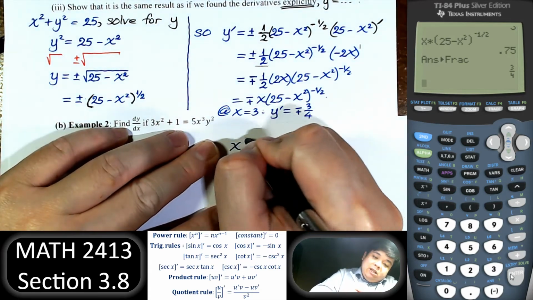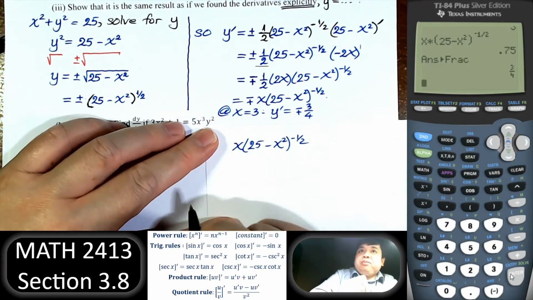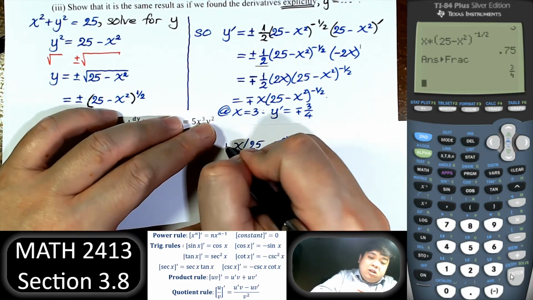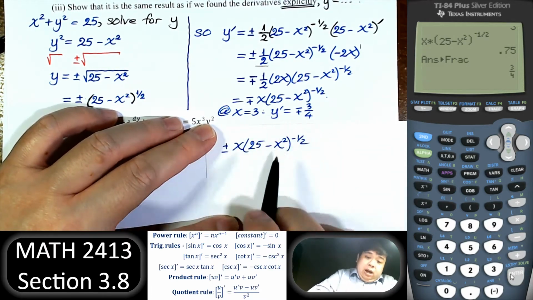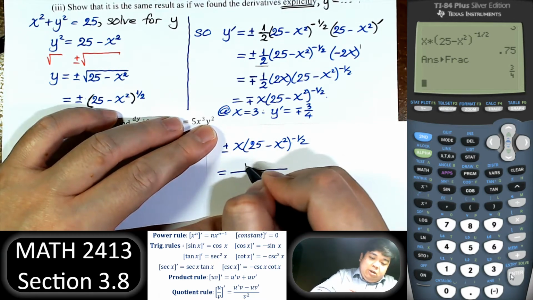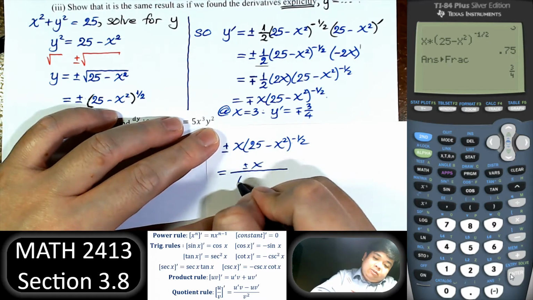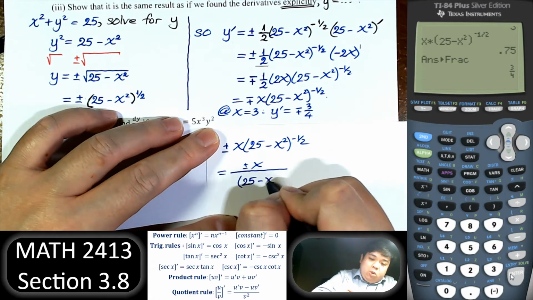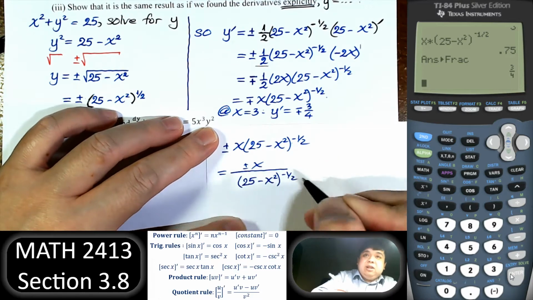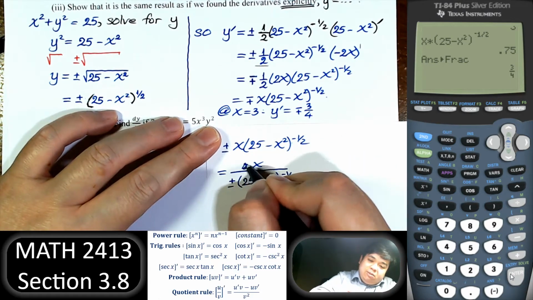So x times 25 minus x squared to the negative 1/2, right? Now, of course, plus or minus. The negative power, I can move it down to the denominator. So I have plus or minus x over 25 minus x squared to the negative 1/2. Actually, just put the plus or minus at the bottom.